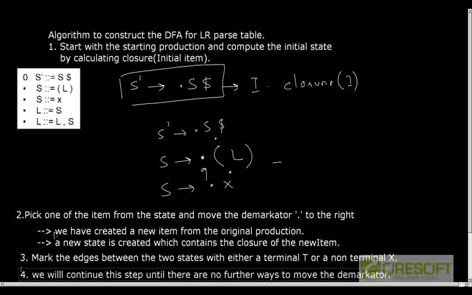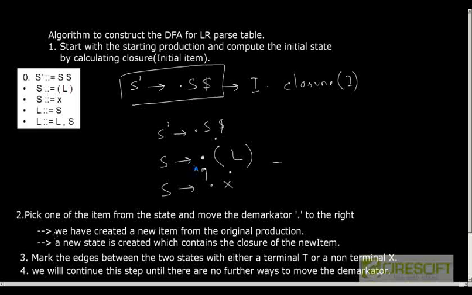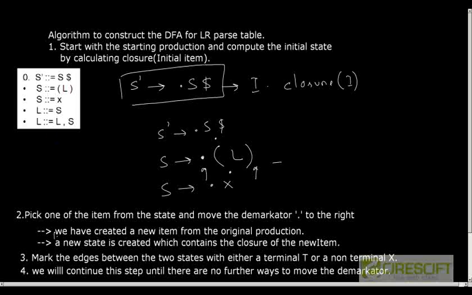As soon as the demarcator has completed the scanning, that means it reaches the end of a given production, we stop. We continue these three steps. Now let us see a small example to see how we basically create this deterministic finite automaton.